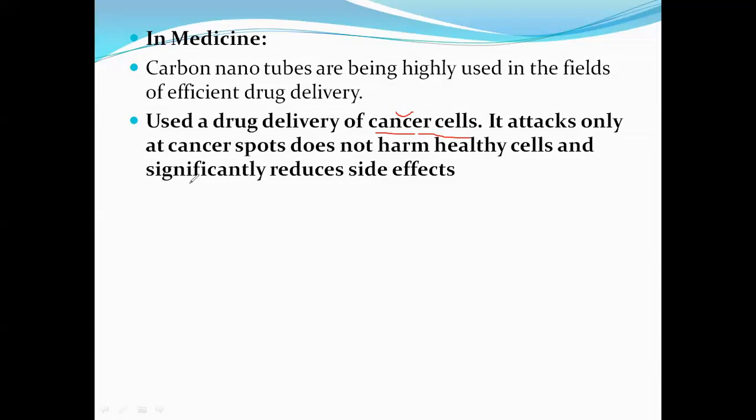Nanomaterial is combined with the drug, and delivery indicates the traveling, the moving of the drug to the virus, and this property should be increased. So the nanomaterial is a delivery vehicle, which increases the drug delivery property.